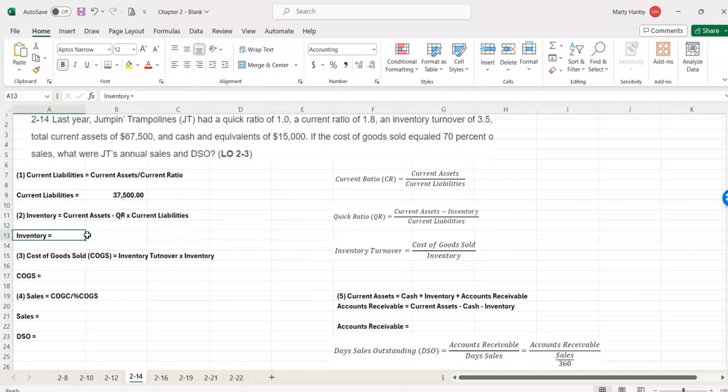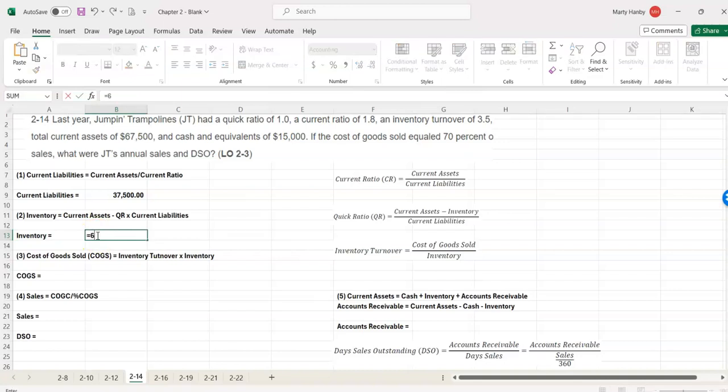So current assets, you always start with an equal sign, and you can use a plus sign or a minus sign as well. Obviously, in this case, you wouldn't want to use a plus sign. But anyway, so current assets minus the quick ratio, which is 1, times the liabilities of 37.5. So inventory is 30,000.